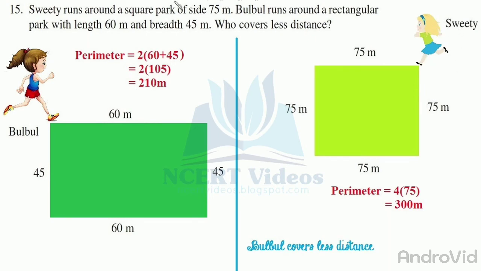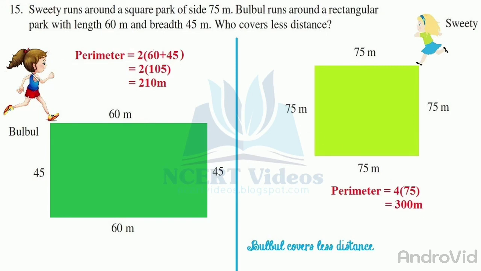This is your Sweety and this is your square park, 75 meter each side. So she goes all the way around this. So perimeter is 4 into 75, because 4 equal sides, it is 300 meter. So she covers a 300 meter distance in one round.